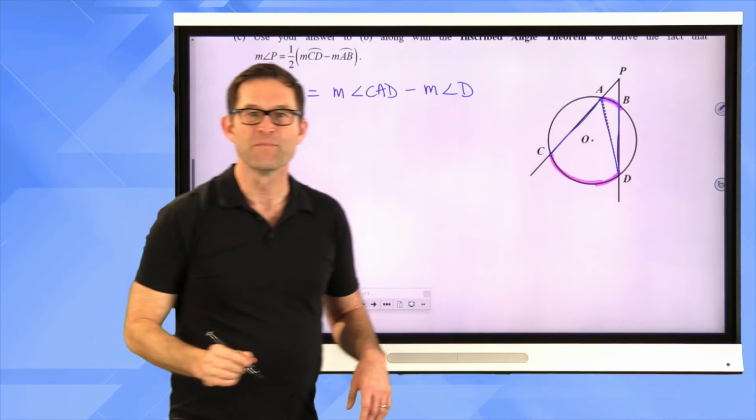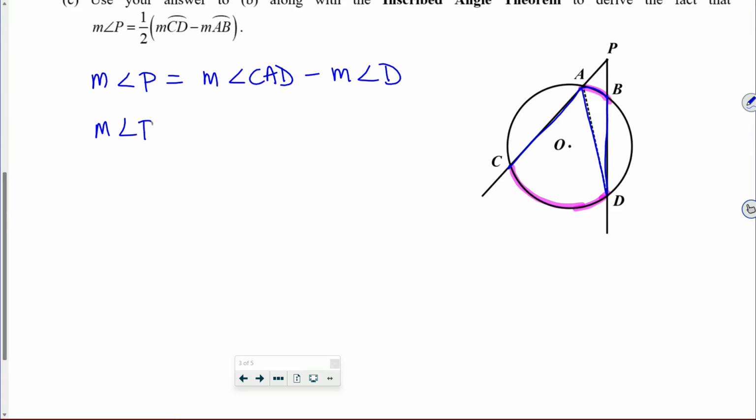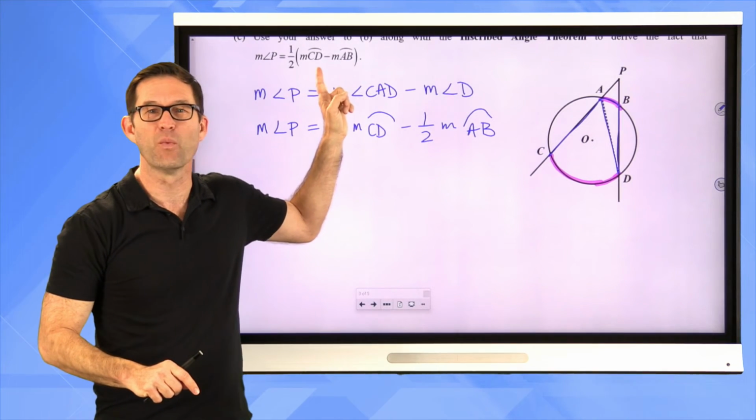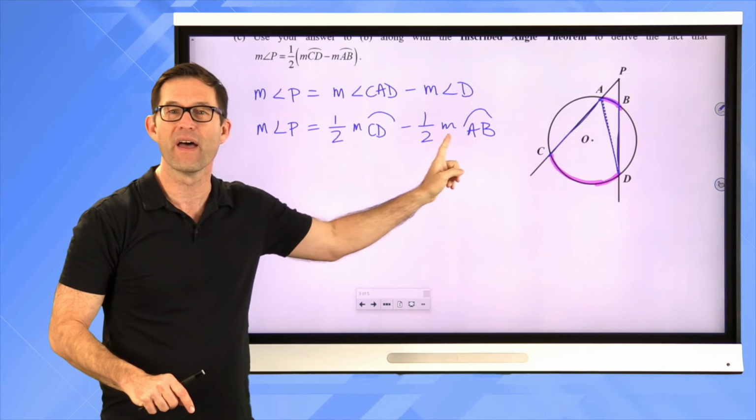All right? So I can now say that the measure of angle P is going to be 1/2 the measure of arc CD minus 1/2 the measure of arc AB. Keep in mind what we're trying to prove. The measure of angle P is 1/2 of the difference between the measure of CD and the measure of AB.